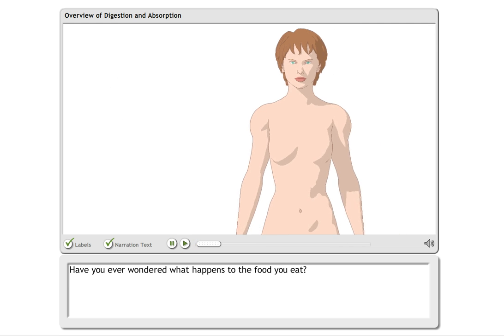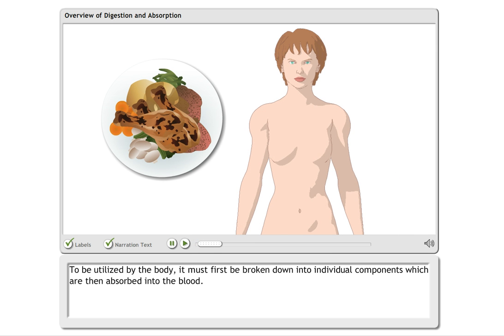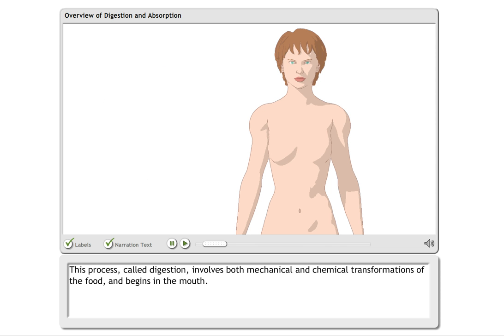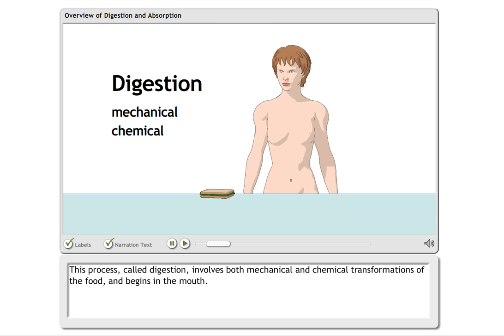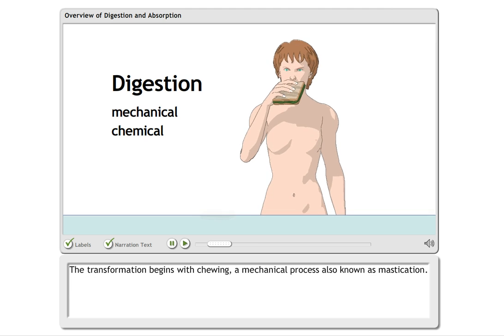Have you ever wondered what happens to the food you eat? To be utilized by the body, it must first be broken down into individual components, which are then absorbed into the blood. This process, called digestion, involves both mechanical and chemical transformations of the food and begins in the mouth.